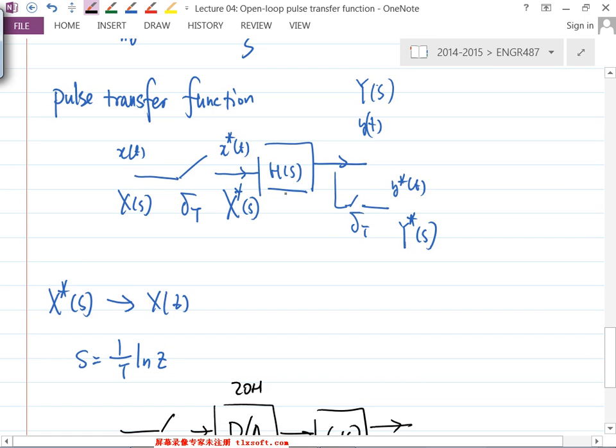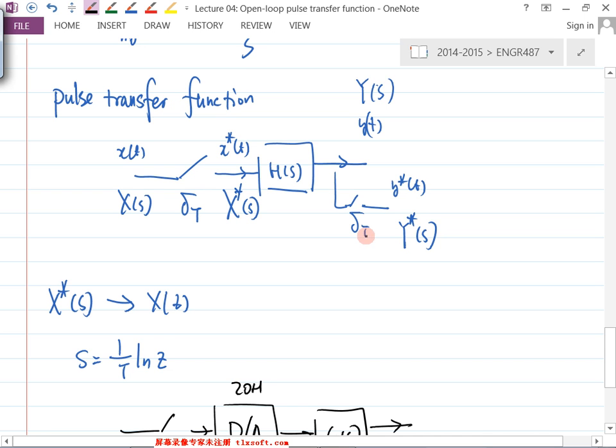Now regarding this impulse sampler here, if you imagine you send the signal back into the continuous system, and the system has a certain output, technically you don't really need to know the discrete one anymore. All you care about is the current output. It's a continuous system, that's fine. So this sampler is a very fictitious one, just for your math derivation.